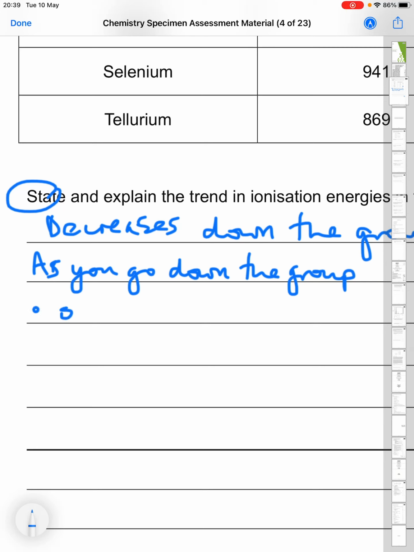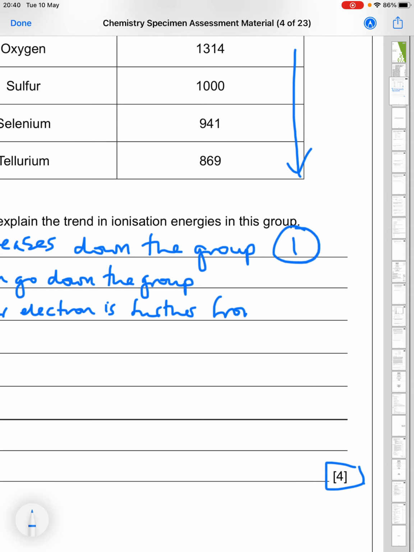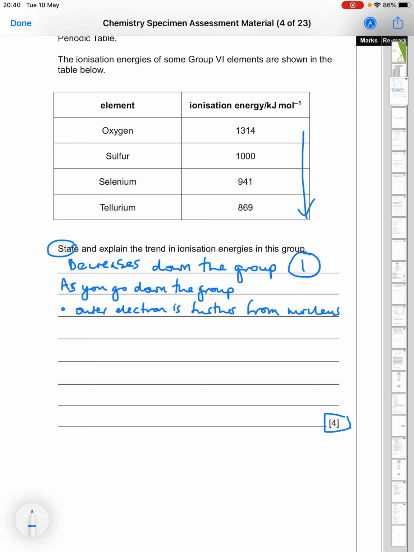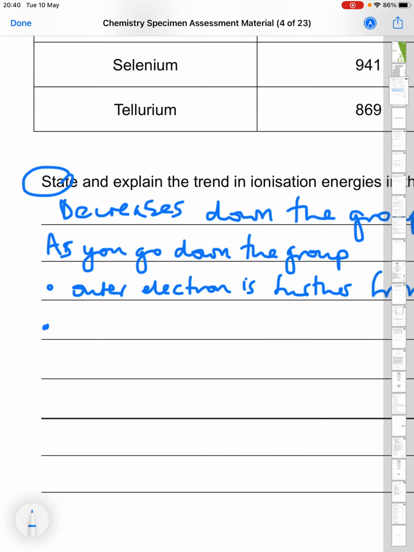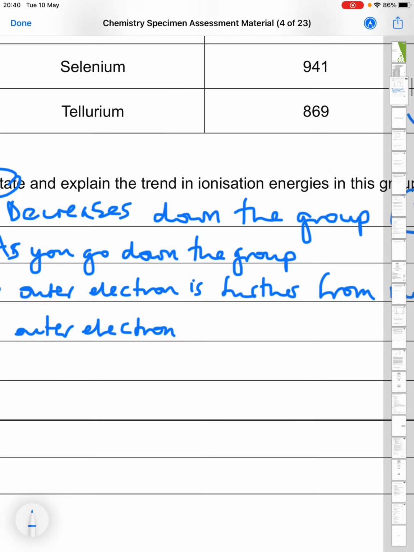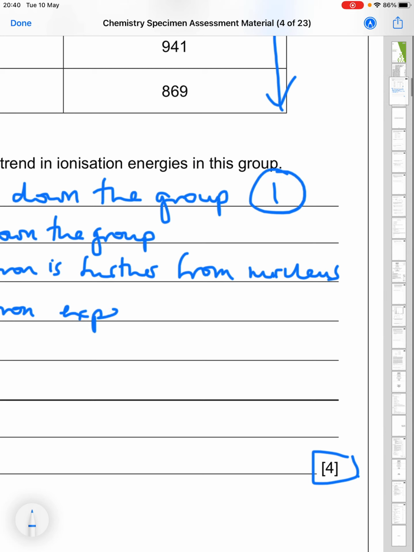The first thing is that the outer electron is further from the nucleus. So that means then that that outer electron experiences more shielding.